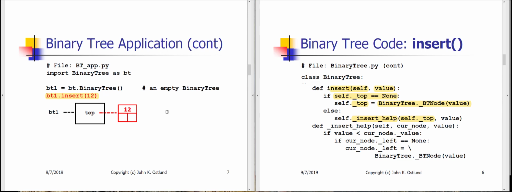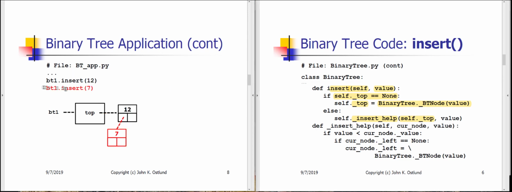Let's trace through next what happens if we do already have a value in the tree, and we're going to insert another value. So here on slide 8, following our insert of 12, that was the first value, we're going to do another insert, this time of 7.